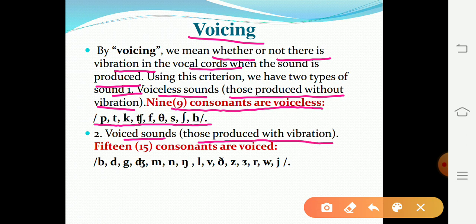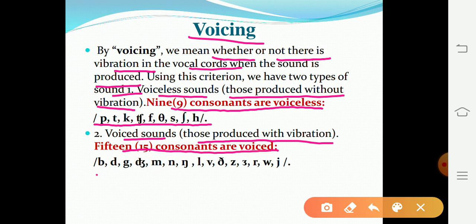vibration. The voiced sounds are produced when the vocal cords come together and vibrate frequently. So, 15 consonants are voiced.